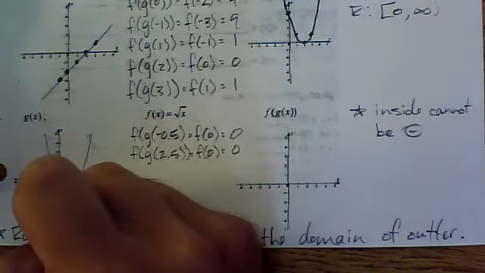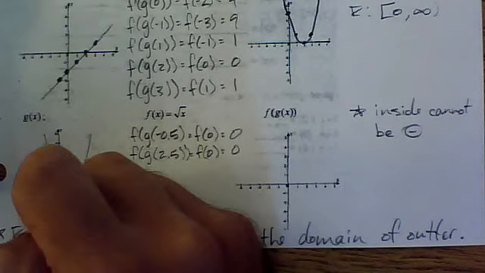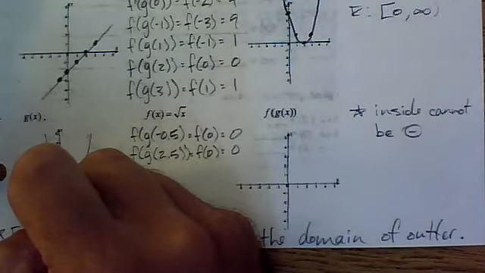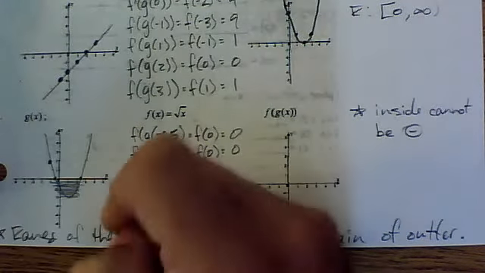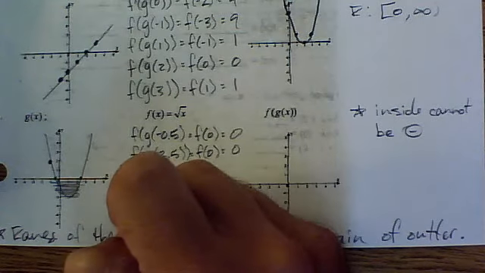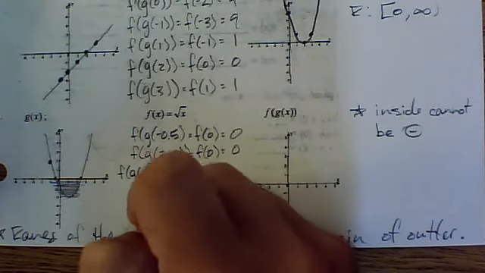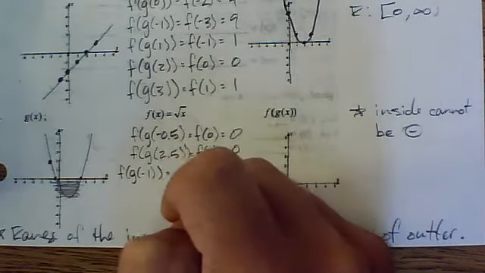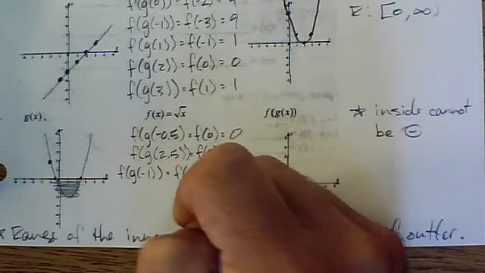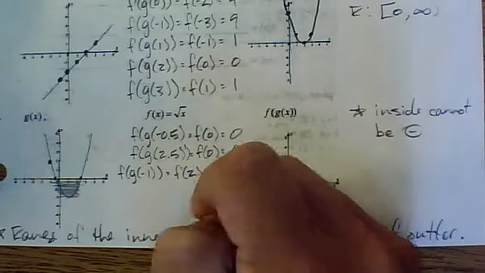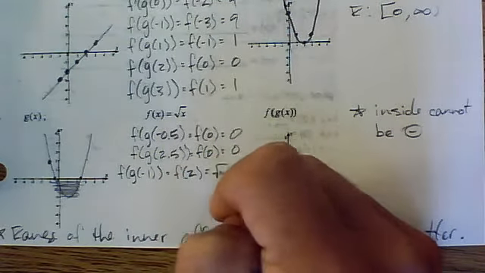Then we can choose some other points. Let's see, negative 1, 2. So f of g of negative 1 is f of 2, which is the square root of 2.